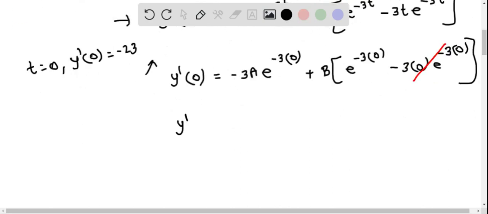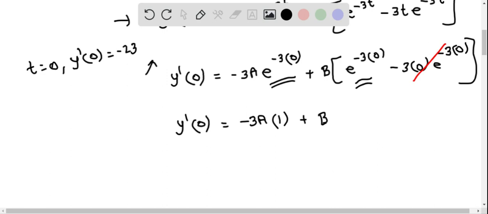This is y prime of 0 equals negative 3a, and we know the value of e raised to the power of negative 3 times 0, which is e raised to the power of 0. So basically this value is 1, plus b times, we have only one term, that is once again e raised to the power of negative 3 times 0. This is again 1, so this becomes b times 1, which is simply b.